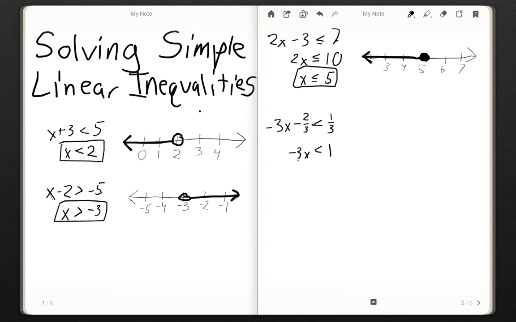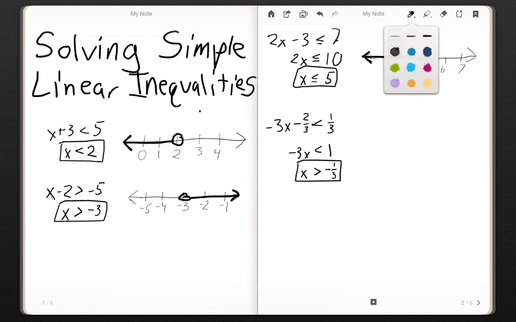When you divide both sides by a negative number, you flip the sign of the inequality. So when we divide both sides by -3, we're going to get x is greater than -1/3. So always remember to do that.